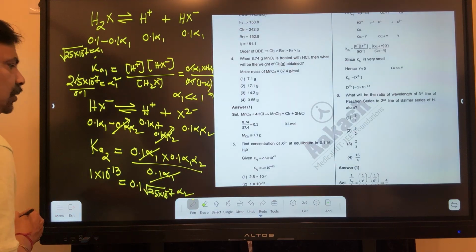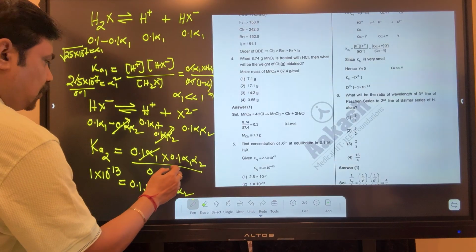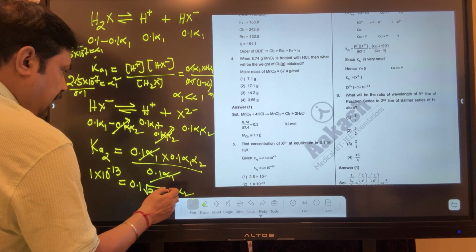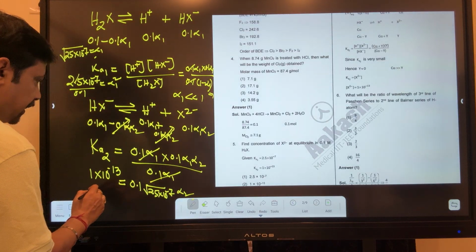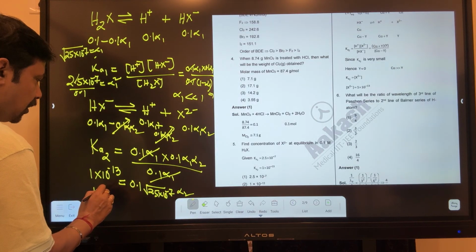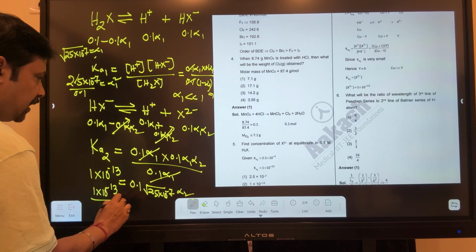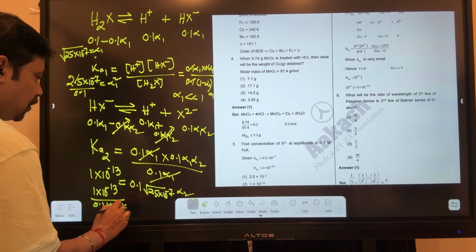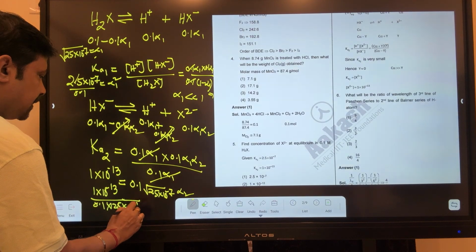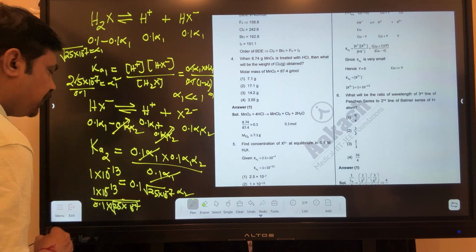Then alpha 2 will be equal to, if you look, 1 into 10 to the power of minus 13 by 0.1 into 25 into 10 power of minus 7 under root. This is your alpha 2.